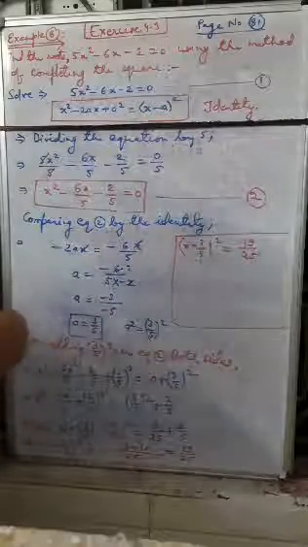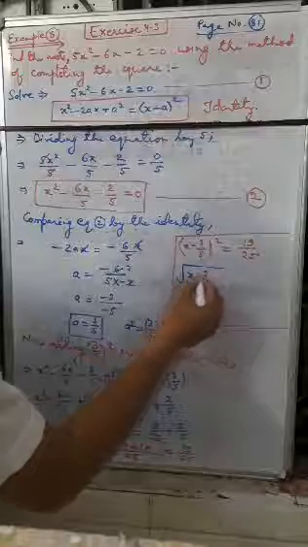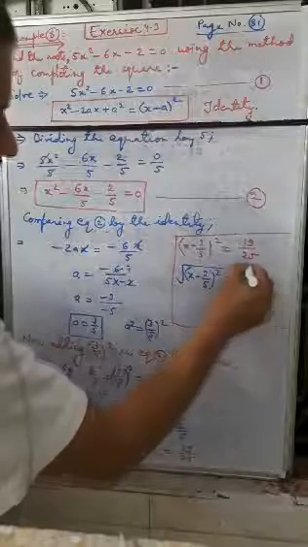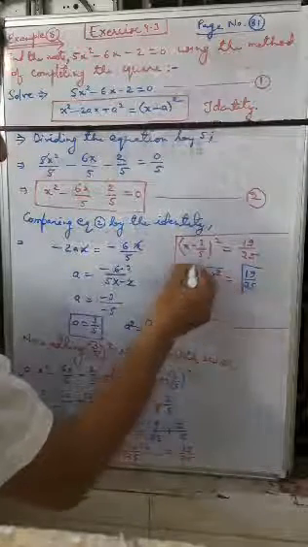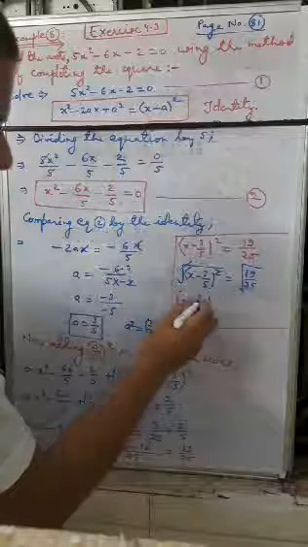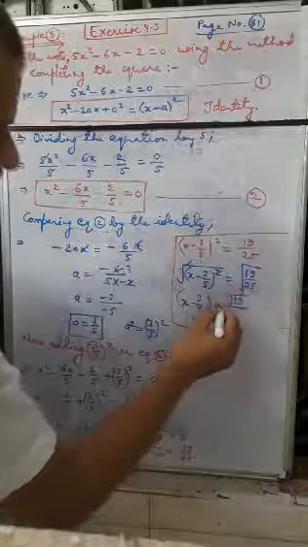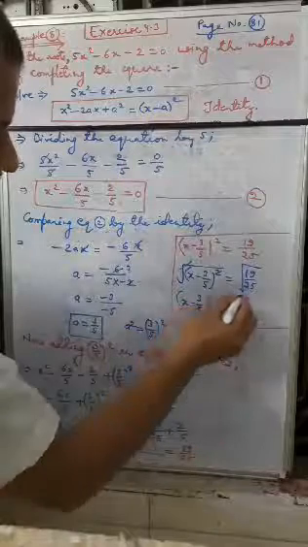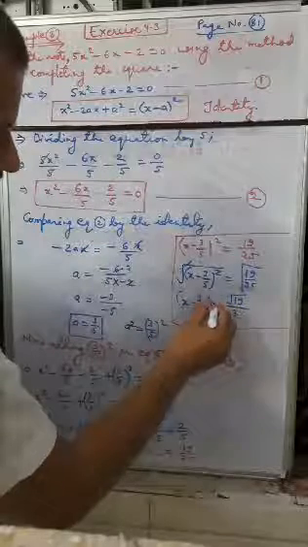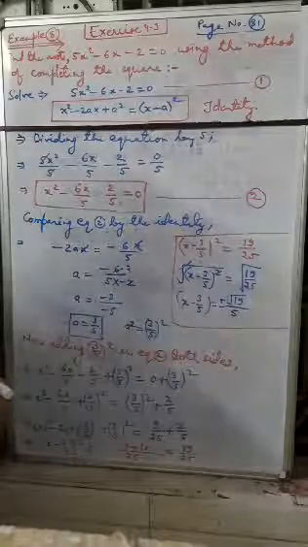So we can take under root both sides. So x minus 3 by 5 whole square is equal to 19 by 25 of under root. So this square will be cut by under root. So x minus 3 by 5 is equal to under root 19, which cannot come out from the under root, or 25, under root 25 is equal to 5, and we have to use here plus or minus sign because we are taking under root of right hand side.